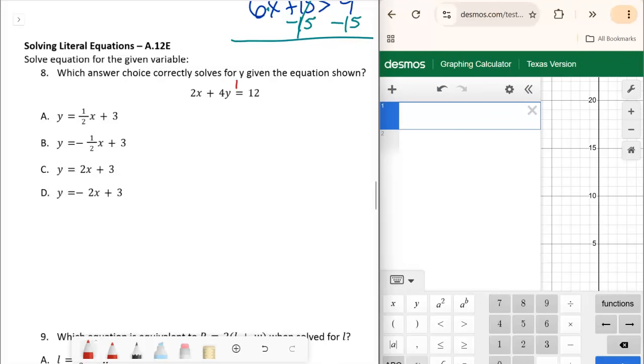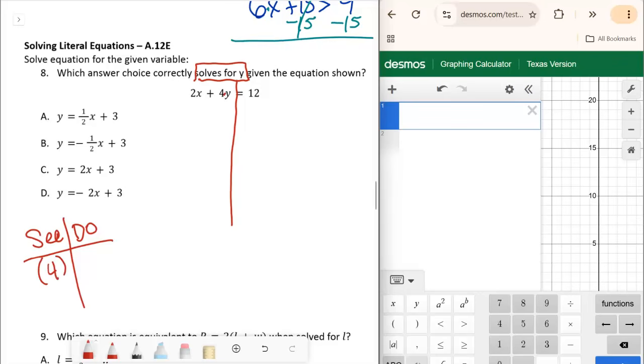So right here we're going to draw our line. It says to solve for y. So we're going to see. What do we see happening with the y? The y is being multiplied by 4, and they added 2x.